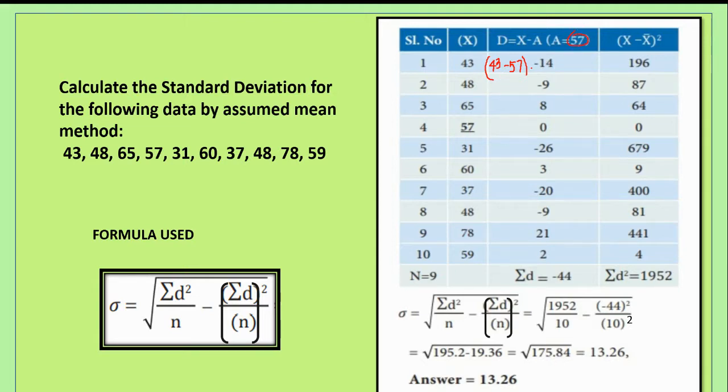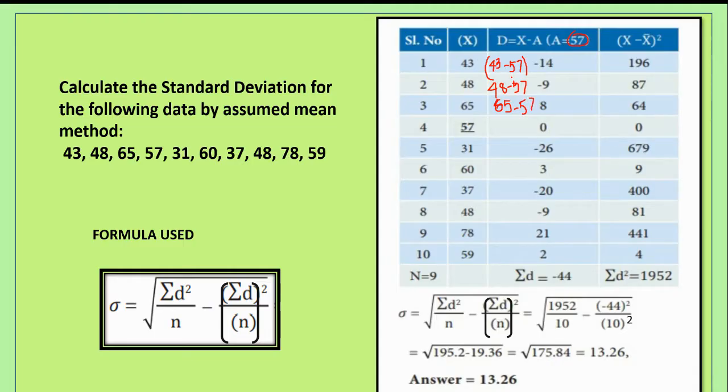So 43 minus 57 will give you minus 14. Next, 48 minus 57 will give you minus 9. Next, 65 minus 57 will give you plus 8.